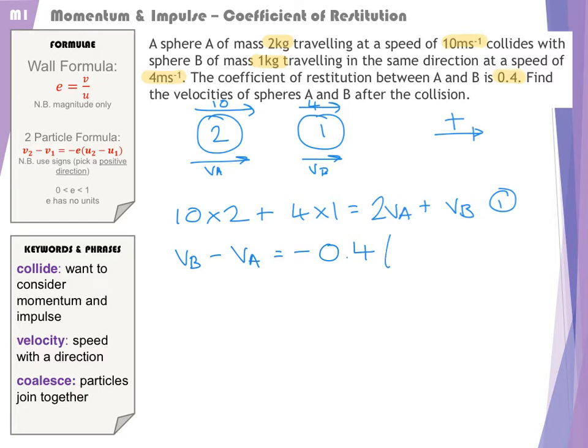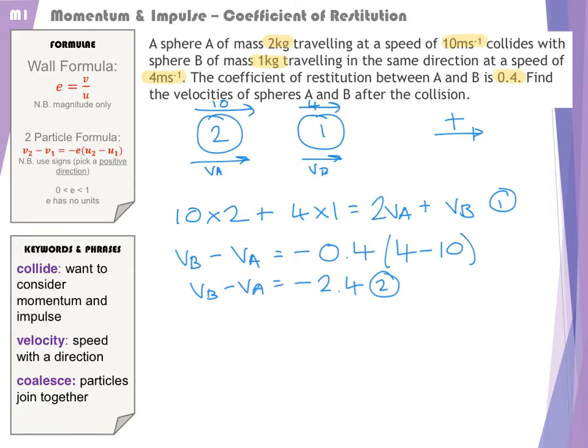And then we've got u2 minus u1, so 4 subtract 10. So I can now rewrite that as vB minus vA, and then actually calculate it. So 4 minus 10 is minus 6, so it's going to be equal to minus 2.4. And there's my equation 2.